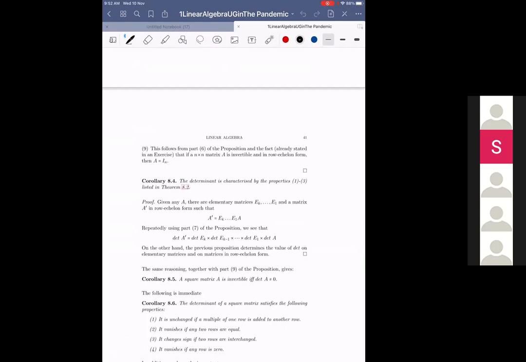Okay. So now comes a very important corollary: any function D that satisfies the properties 1 to 3 listed in the theorem is actually, there's only one such function, namely the determinant that we have already defined.